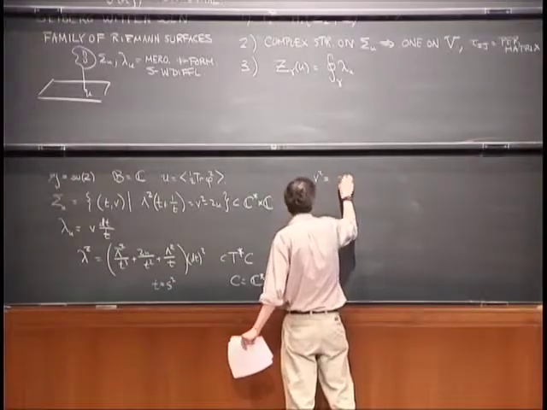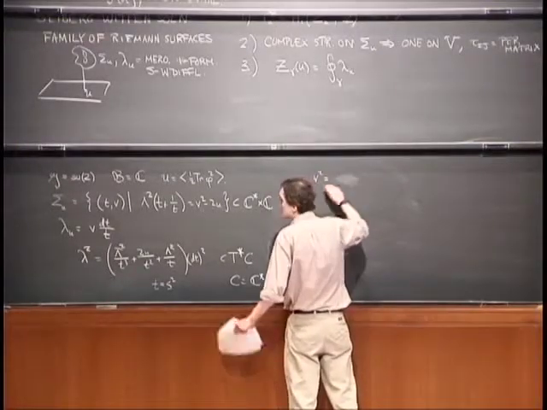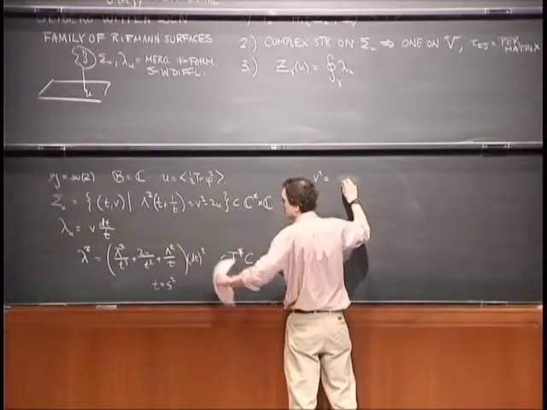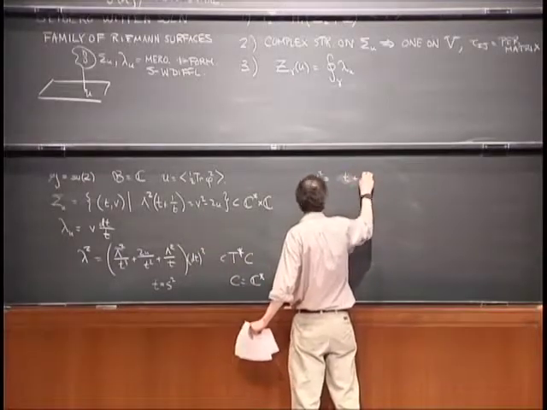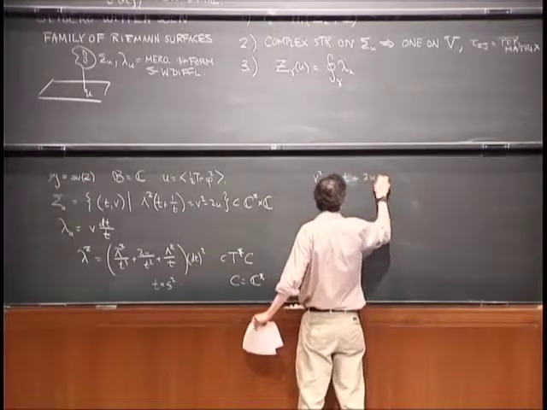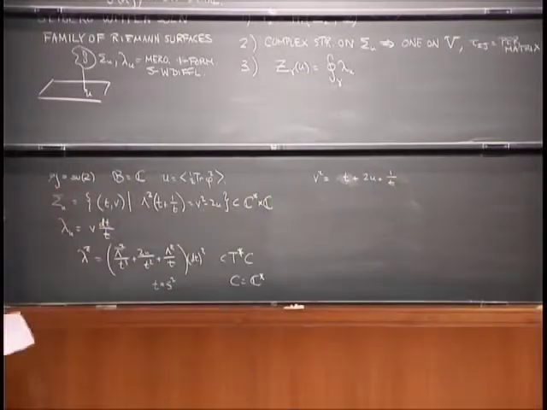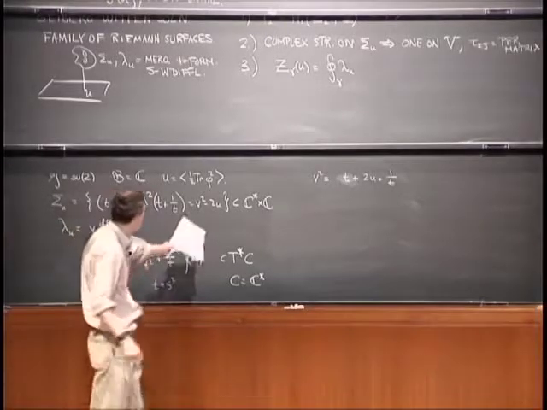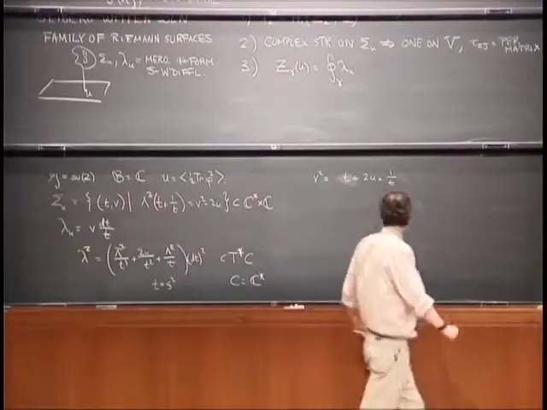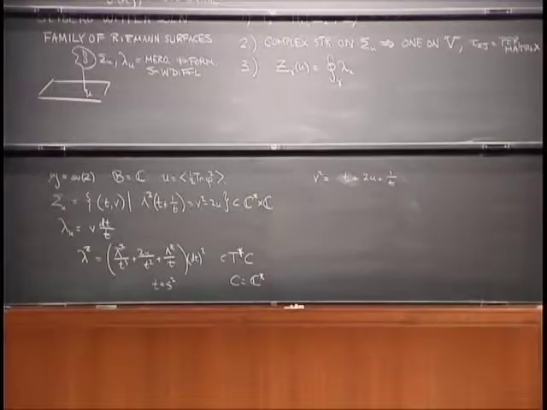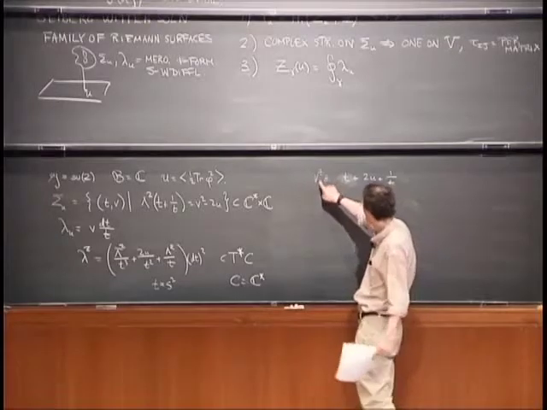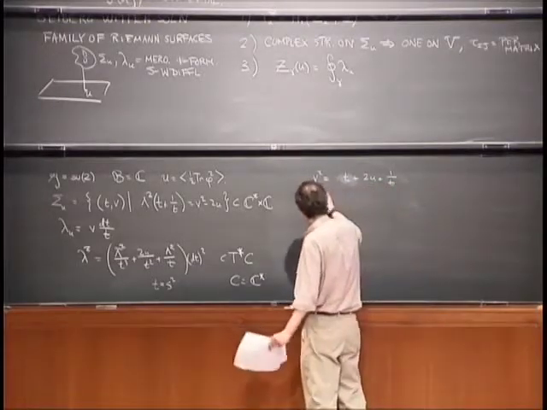Easy enough, right? Let's put lambda to 1 by a rescaling, so it's t plus 2u plus 1 over t. So for every t, I have 2 values of v, so I have a double covering of the t plane, the punctured t plane. t is in C star, except when the 2 roots coincide. And the 2 roots coincide at v equals 0.